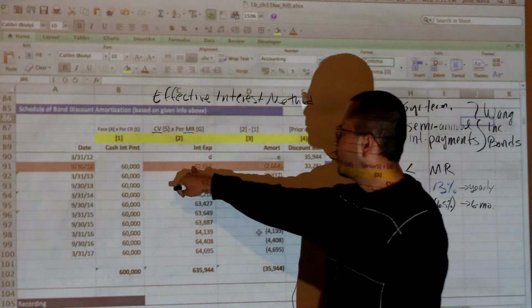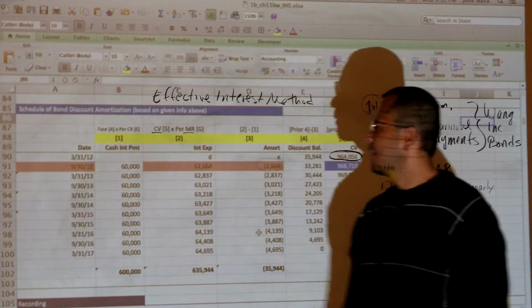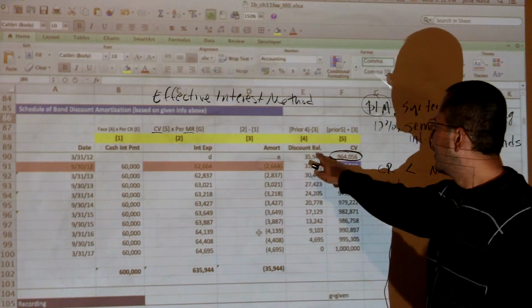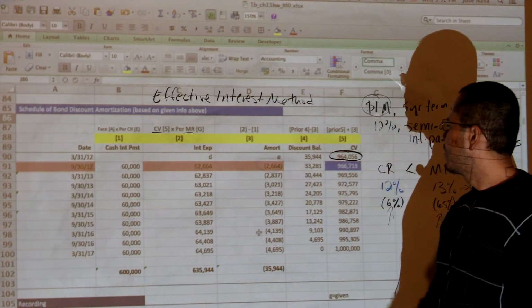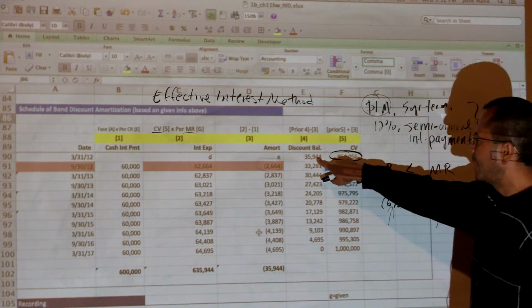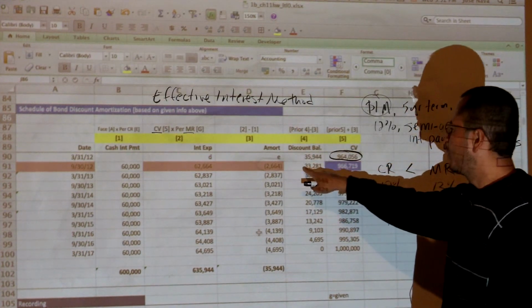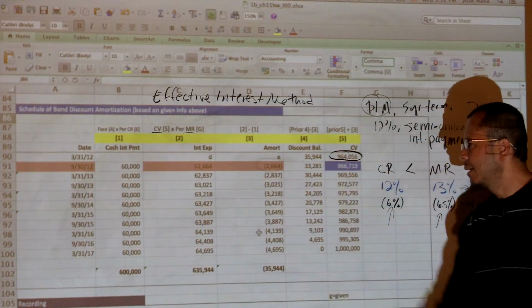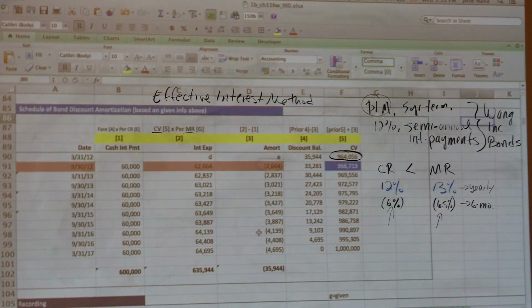So the difference between the interest expense and the interest payment, that is the amortization of the discount balance. So as you can see, the discount account goes from 35,944 down to 33,281, since we're reducing it by the 2,664.